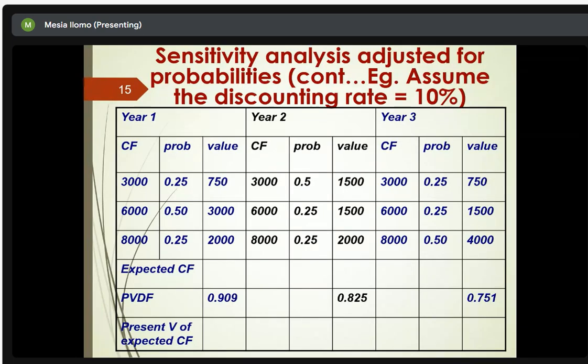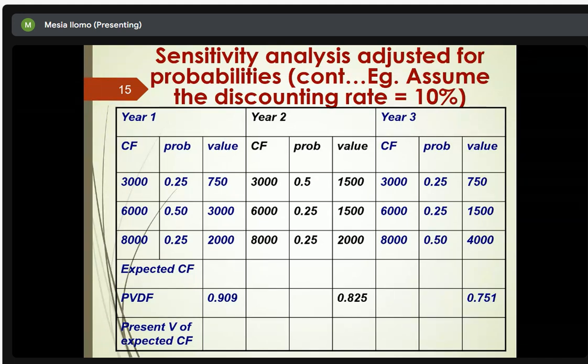If you multiply by the respective probability, how much are you getting? 4,000. I want you to make sense of these values. The 750, 3,000, 2,000 are obtained by multiplying the cash flow times the probability. I hope that is clear.